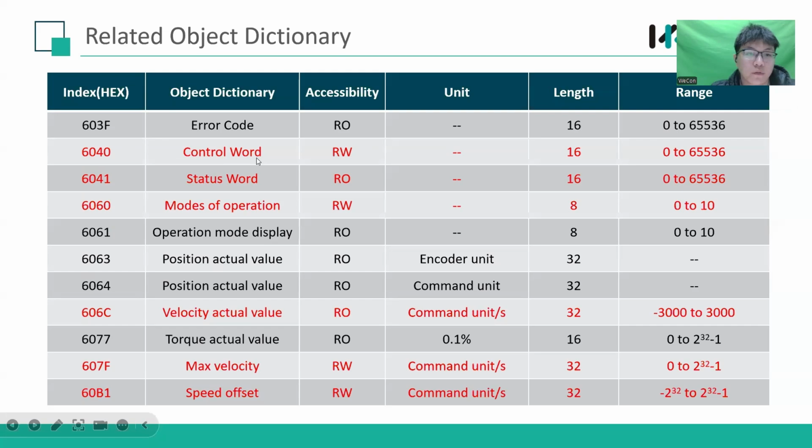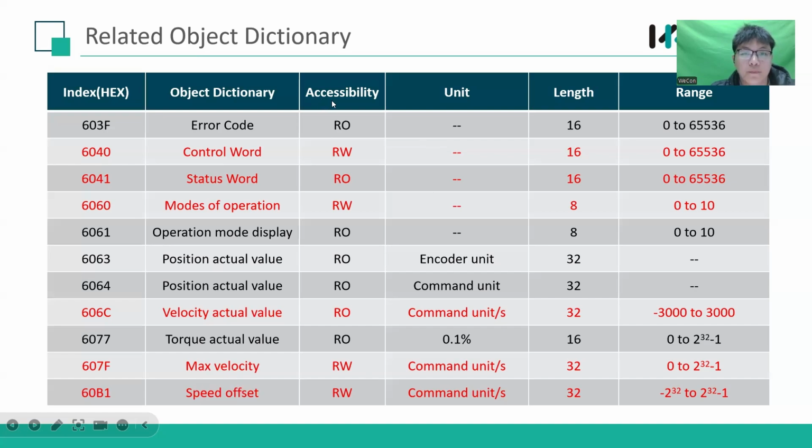For example, control word and status word. For these two, I already introduced them in CSP, but not in detail, so today I will introduce these two in detail. And operation modes, velocity actual value, max speed, and speed offset.